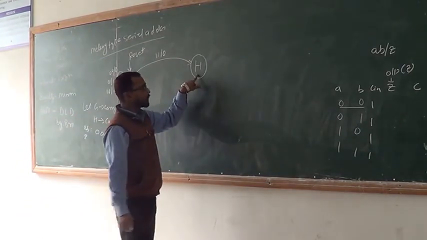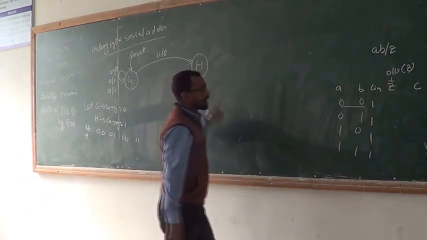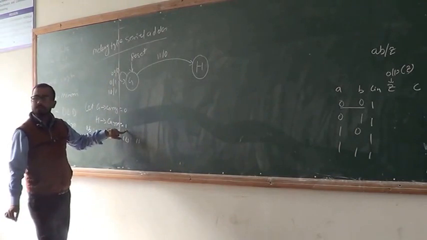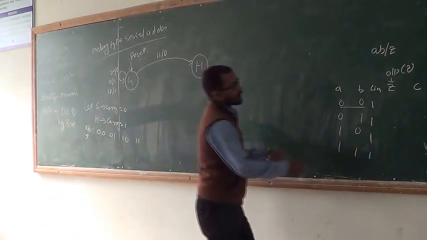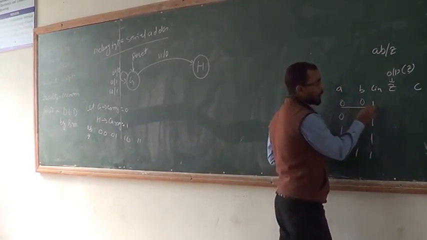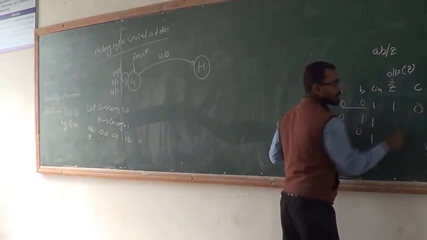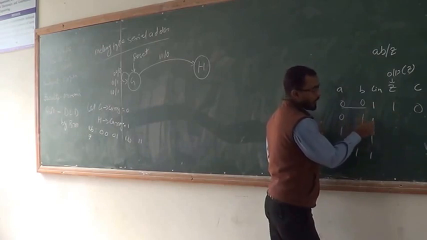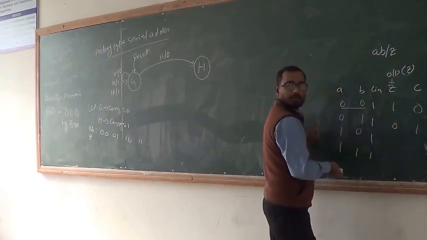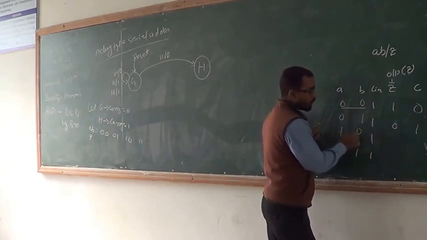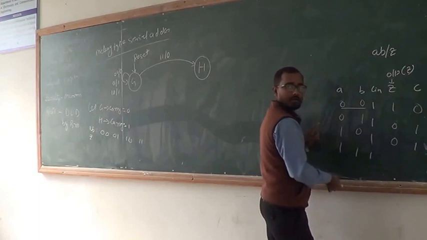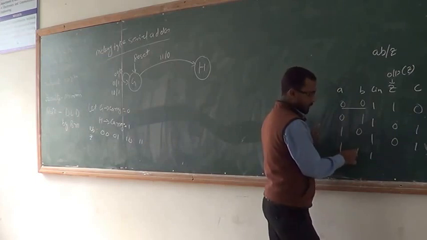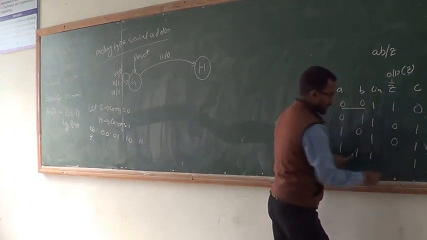Now in the case of the H state, carry is always 1, because at state H the carry equals 1. Therefore the table becomes: 00 output 1 carry 0, 01 output 0 carry 1, 10 output 0 carry 1, 11 output 1 carry 1.